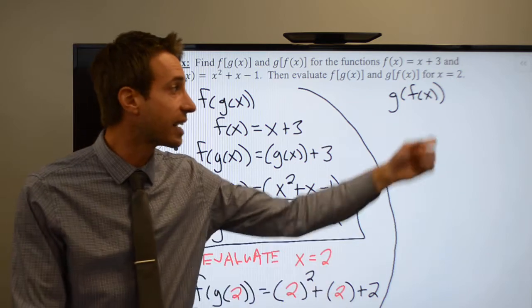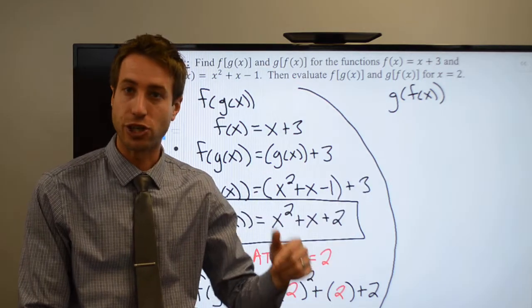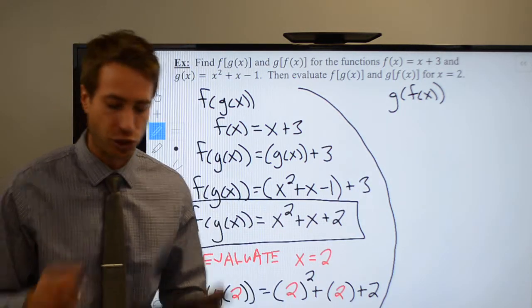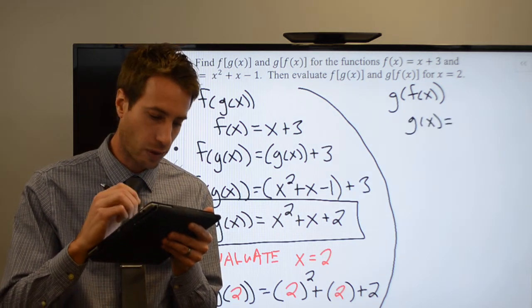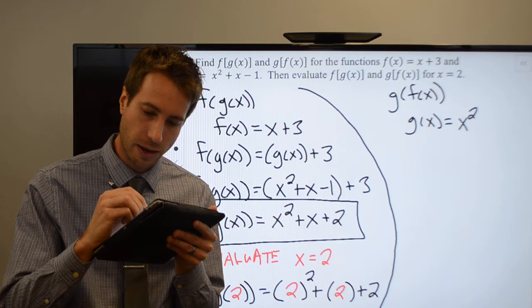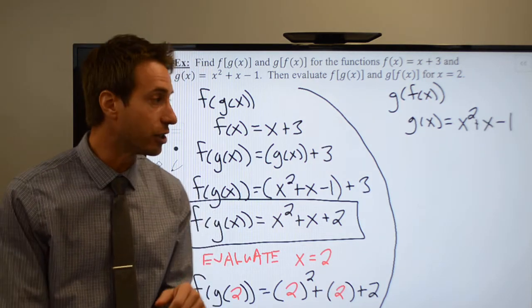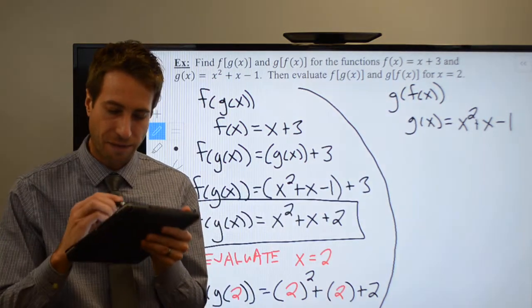I'm going to be plugging the function f of x into the function g of x. So I need to start with g of x. Well, g of x is equal to x squared plus x minus 1. Now I'm going to plug f of x into that function.